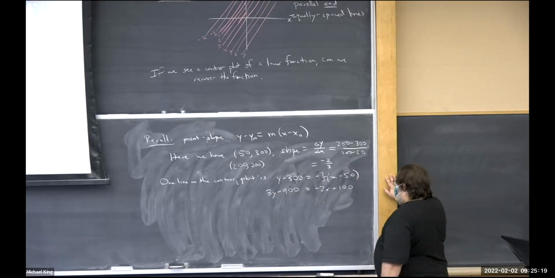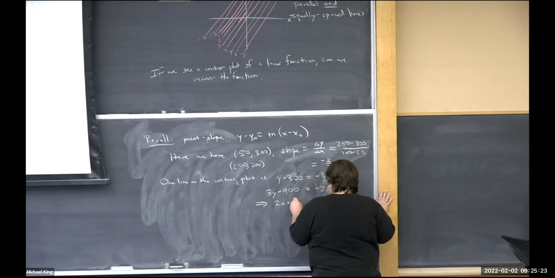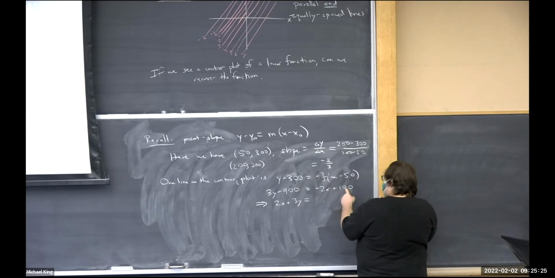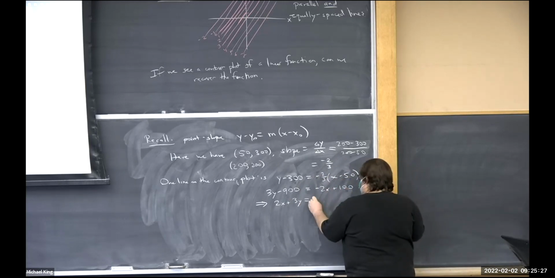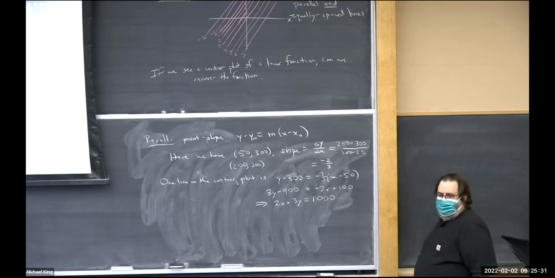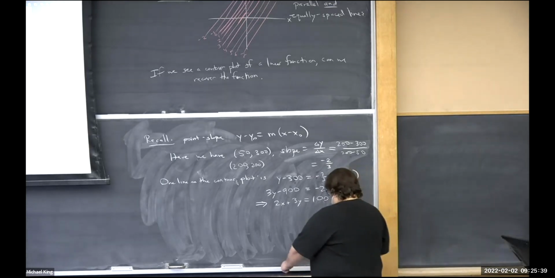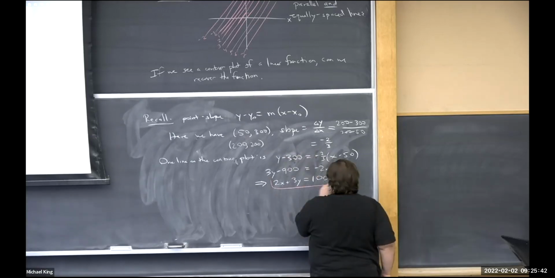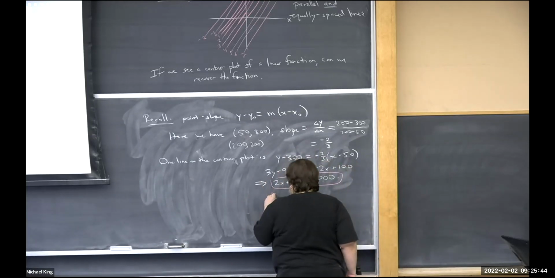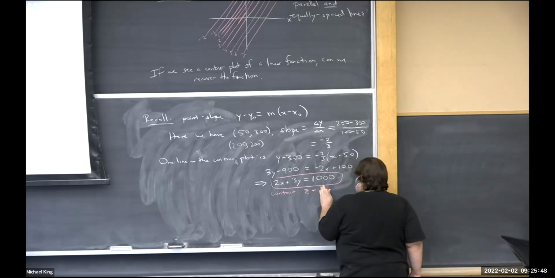And so we get 2x plus 3y equals 1,000. And this is the contour at height z equals 4,000, right?